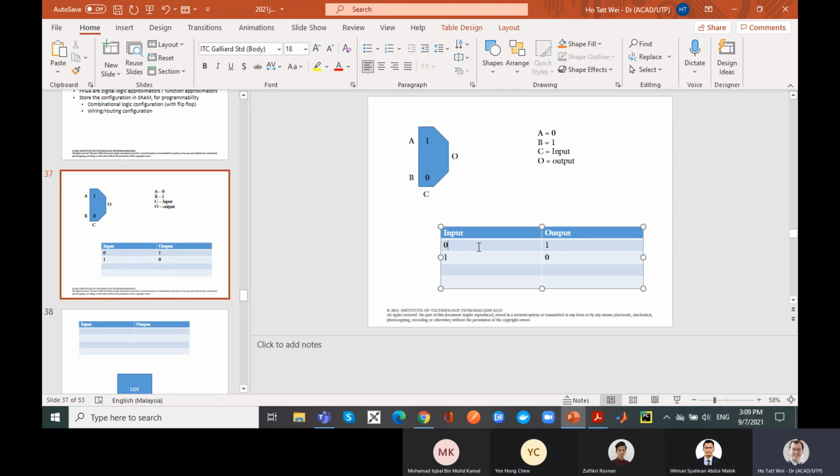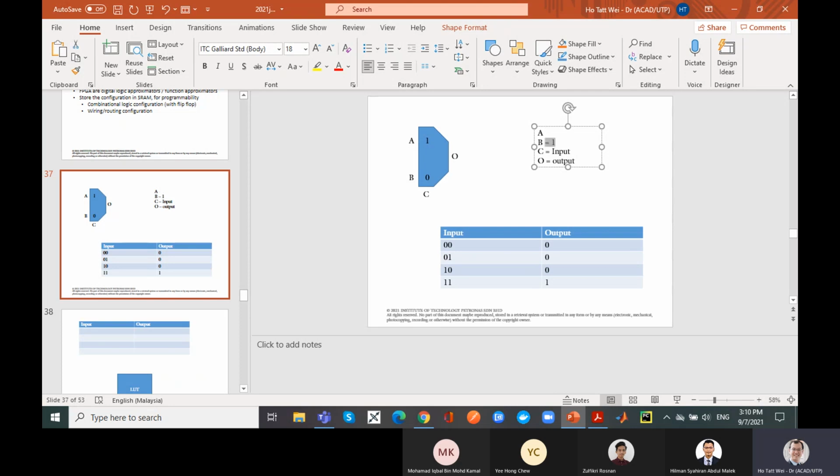Now, if I want to simulate an AND gate, how would I do it? I would have A equal 1, or A equals whatever A is.